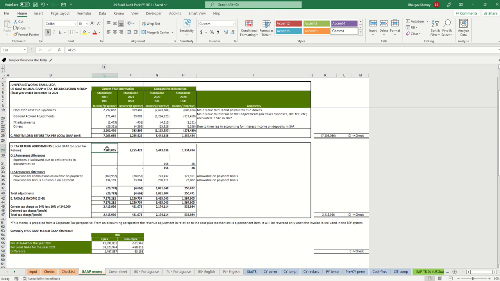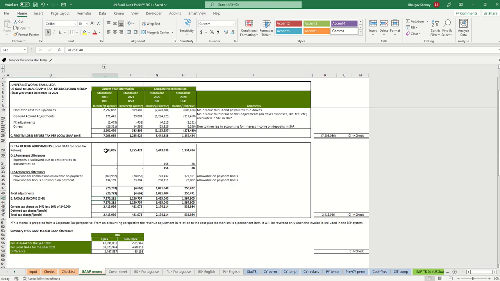And then from there we say, okay, if 7.2 million is the profit before tax, then what were the allowances and disallowances that happened due to the Tax Act law or the in-country specific requirements, and what was the taxable income.